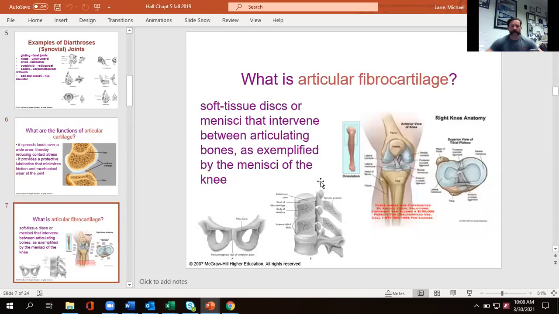Now, fibrocartilage effectively is going to be different pads that we're going to have between joints. Our menisci are a great example of articular fibrocartilage, which is once again going to increase the surface area between the two where they're interacting and keep the coefficient of friction low from one side to the other.